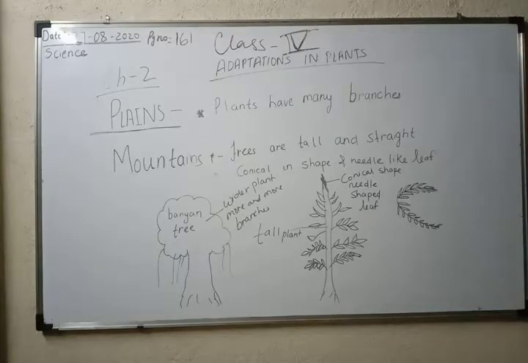In the desert area there is a severe hot climate in the daytime every day, meaning every month of the year you will find severe heat in the daytime. But in a moderate plain area it is not like that.